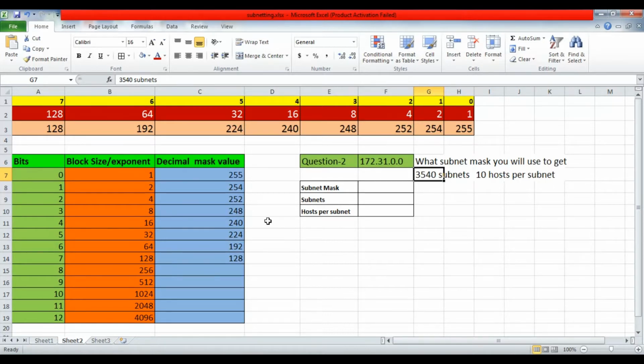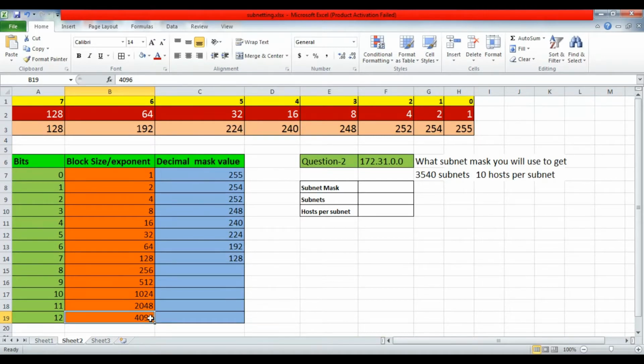Now, if we use this column and we see where this 3540 falls, we see that it is over this 2000 figure. It falls in this column, in this 4096 cell.